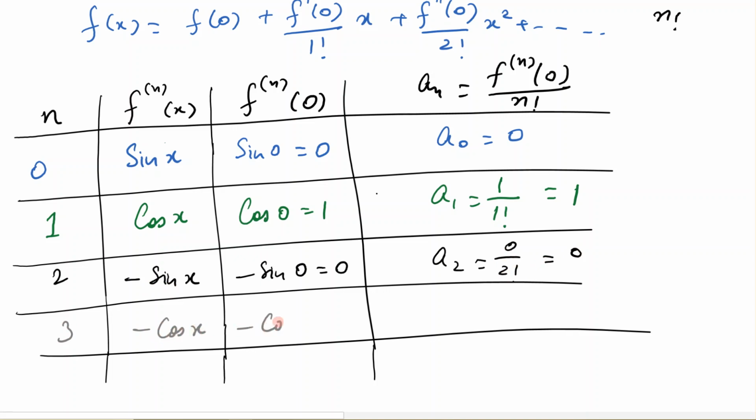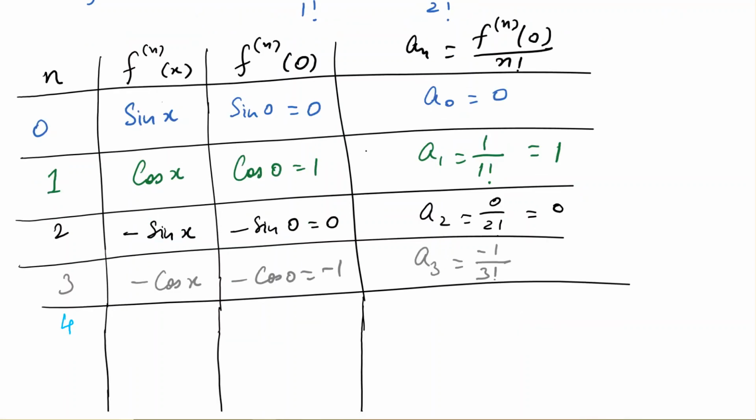So negative cos 0 means negative 1. So a3 would be negative 1 over 3 factorial. Similarly, the derivative of negative cosine is positive sine x. So sine 0 is 0, and a4 is 0 over 4 factorial, which is again 0.